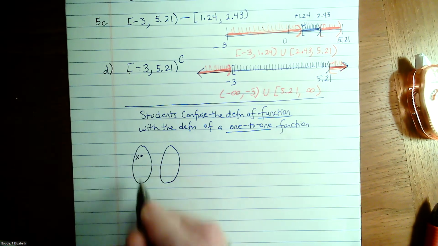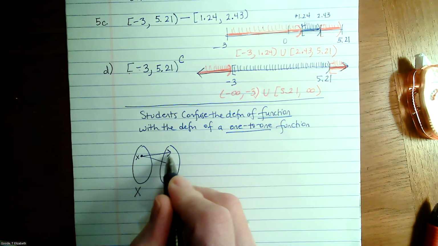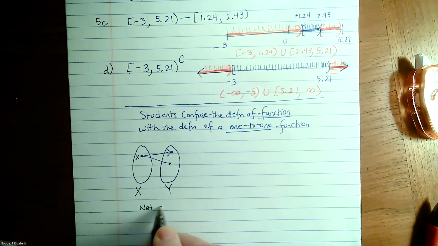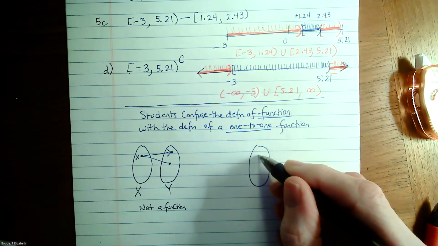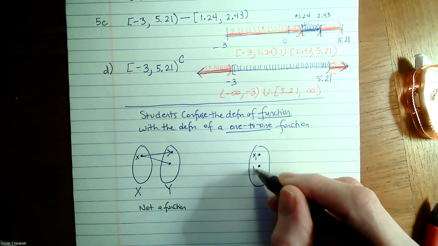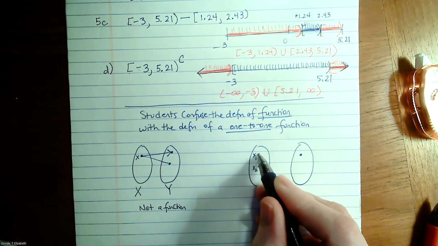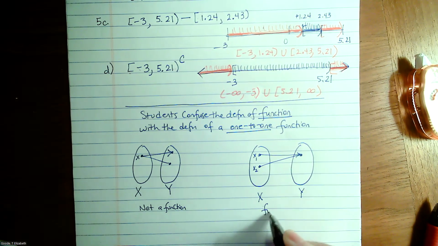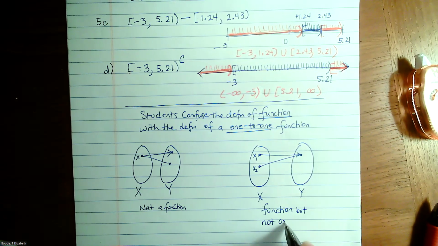If you have an X in your domain X and you try to send X to two different values over here in Y, this is not a function. But it's okay to send X1 and X2 in the domain X to the same Y. That's not a problem. It's a function, but it's not one-to-one. See what I mean? That's why students get that confused.